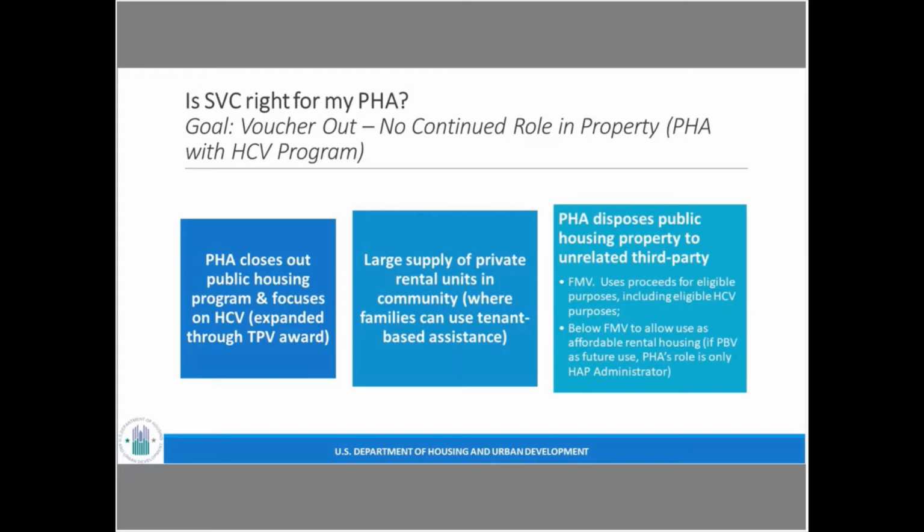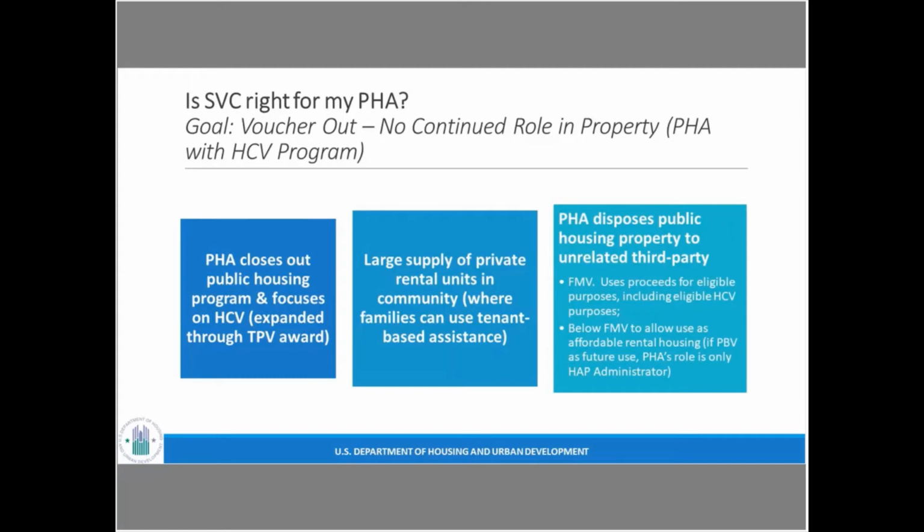And instead, they could say in their streamlined voluntary conversion plan, hey, what's in the best interest of the PHA, the residents, and the community is for us to remove all our public housing units from the program and get this new award of HCV through the tenant protection vouchers and voucher out.